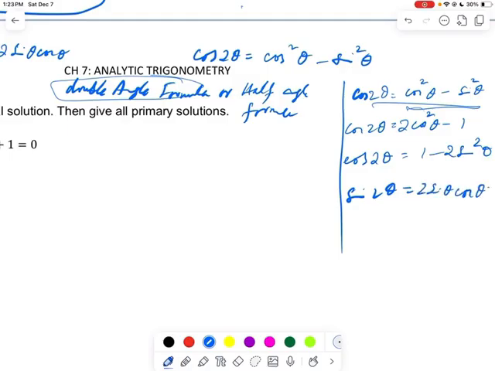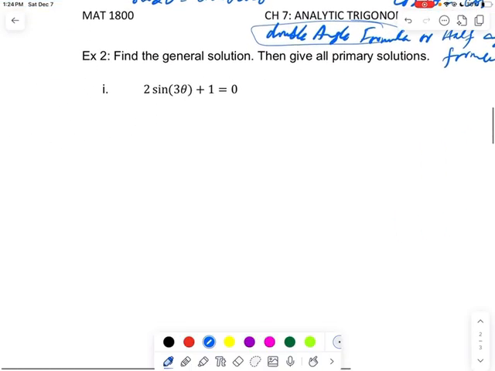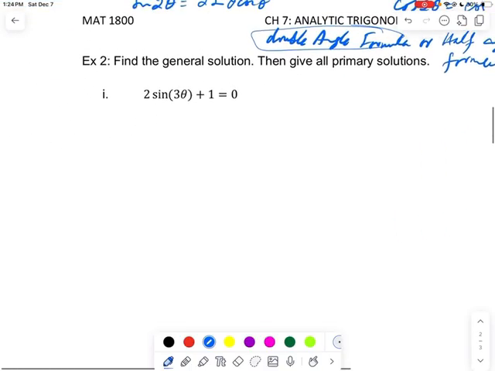So these are what we call the double angle formulas. Okay, now you don't have to worry about the half angle formula. That is something we will come to later, but right now, what about something like this?